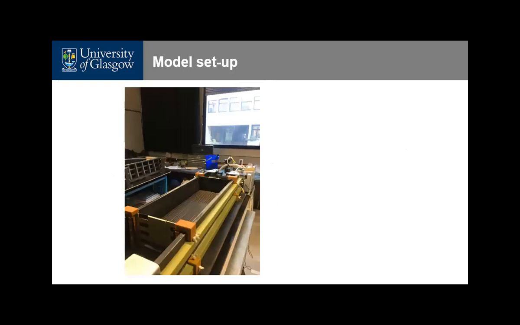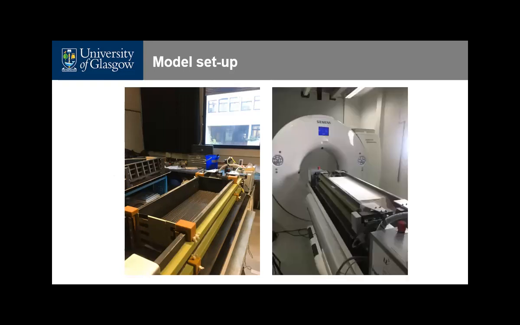Okay. So that is what it looked like before, with the alternating plexiglass and foam. And then here's with the sand pack on top of it. We then ran it inside a medical grade CT scanner. And I say medical grade because we had to sometimes stop our models so that they could do autopsies in it, which was really fun for me.